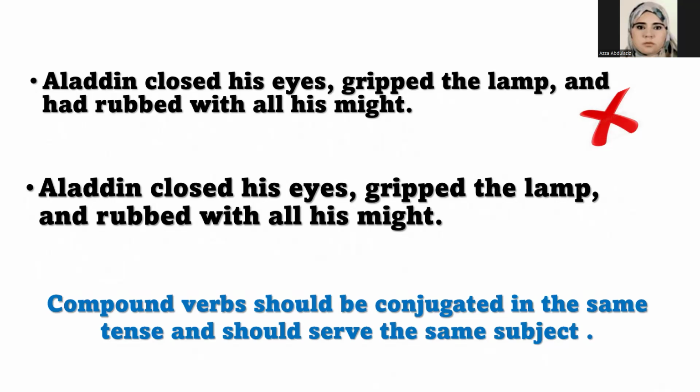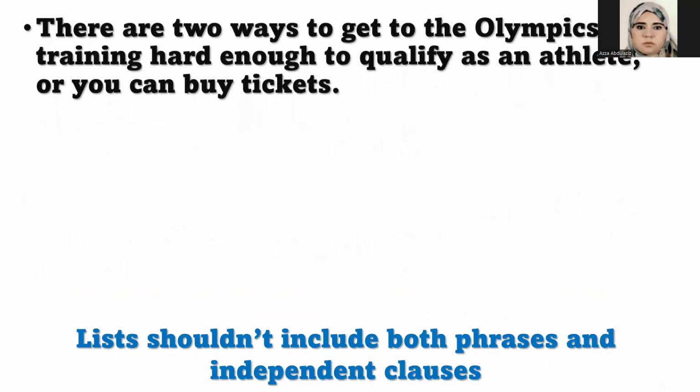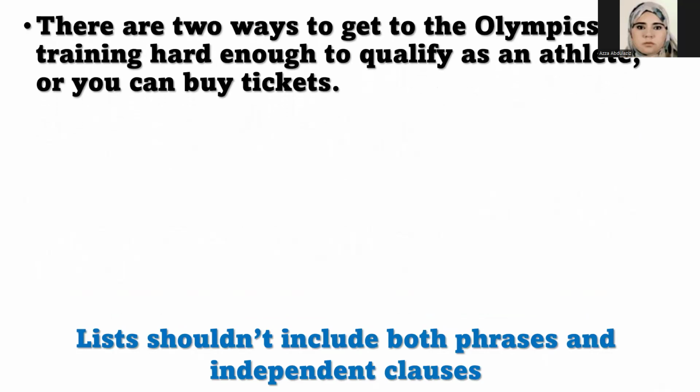Okay, the last example. There are two ways to get to the Olympics: training hard enough to qualify as an athlete, or you can buy tickets. What is the problem here? The problem is that the parts of the list are not in the same form, because the first part, training hard enough to qualify as an athlete, is a phrase, while you can buy tickets is an independent clause.